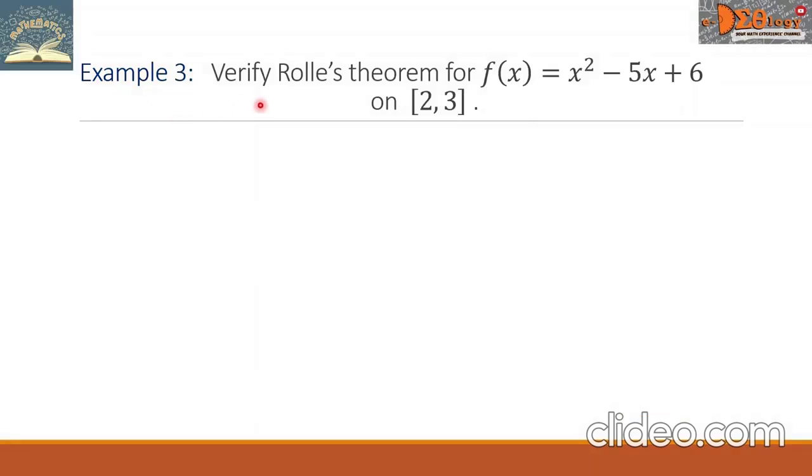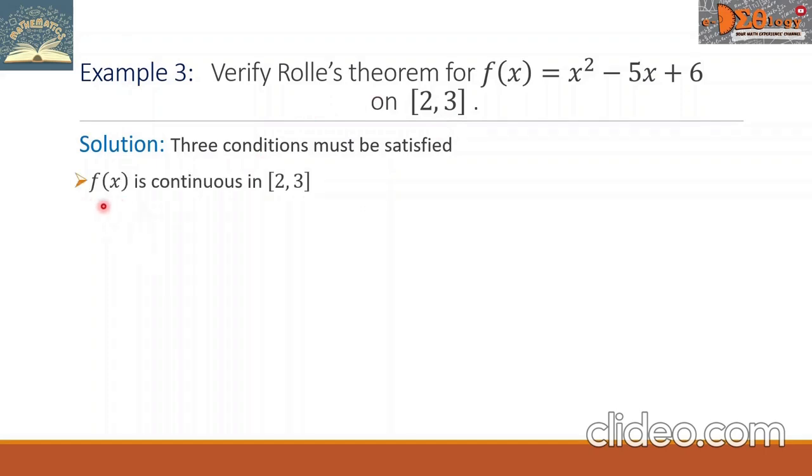Example 3. Verify Rolle's theorem for the function f of x equals x squared minus 5x plus 6 on the closed interval from 2 to 3. So we say that for Rolle's theorem, three conditions must be satisfied.